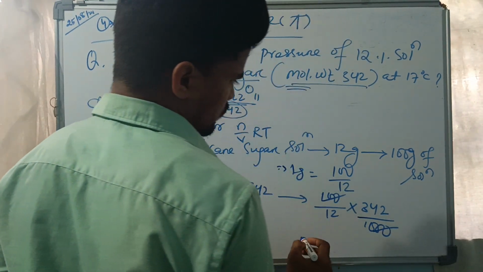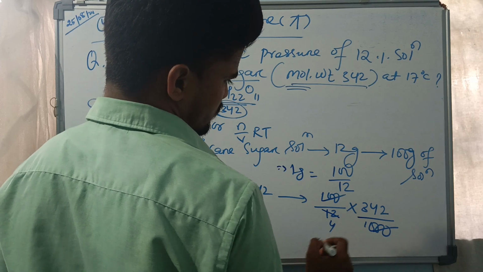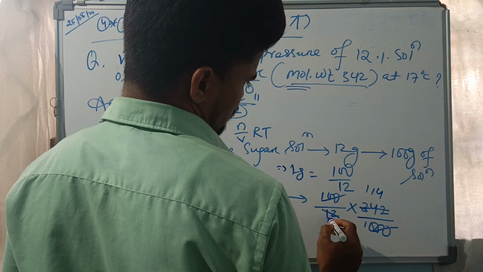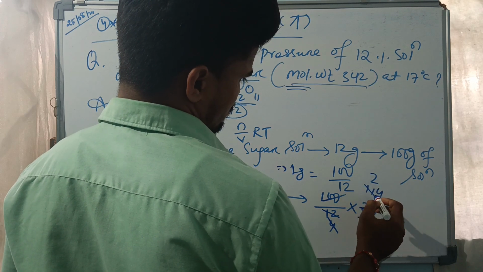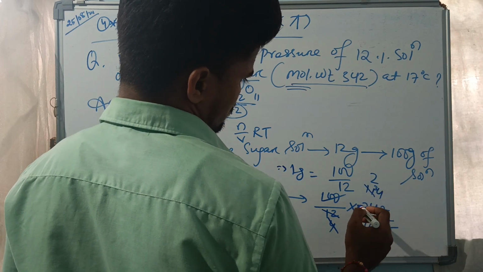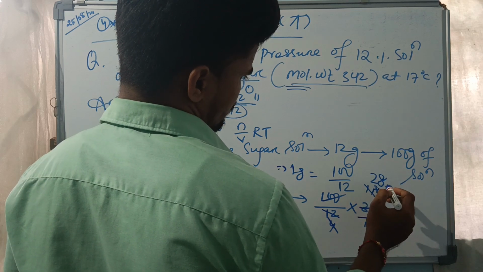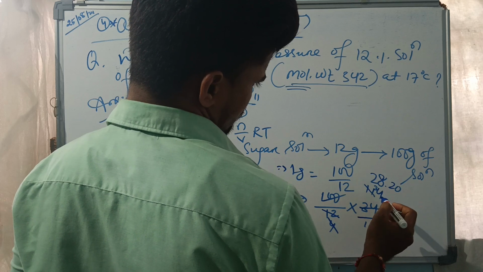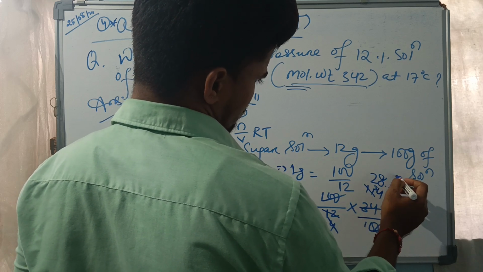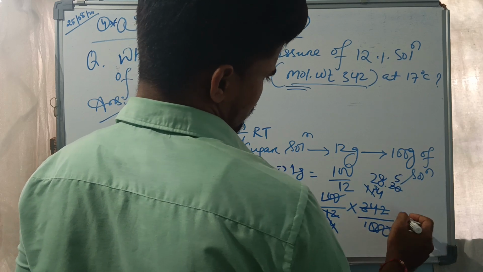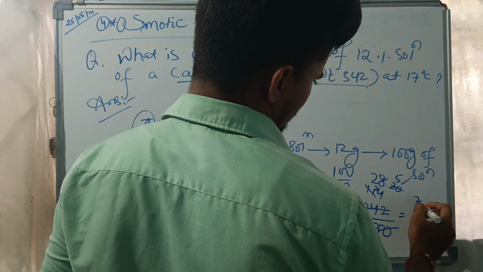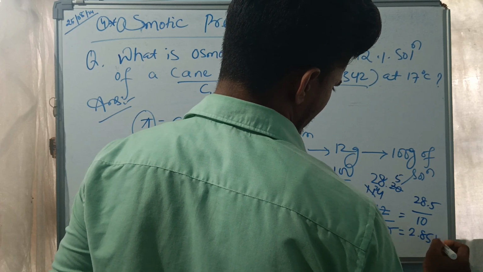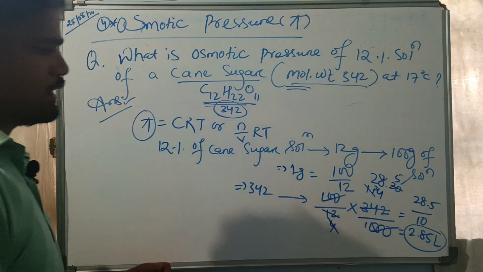Double zero cancels out, and calculating we get 28.5 upon 10, that means 2.85 liter. The volume we get is 2.85 liter.